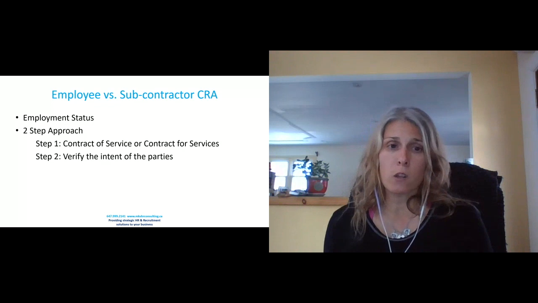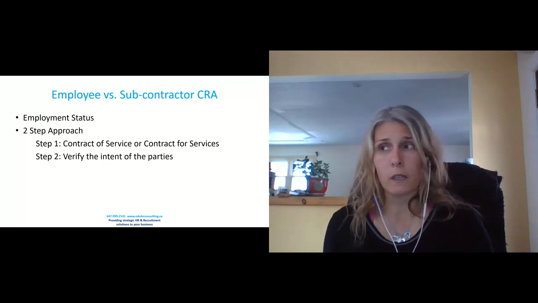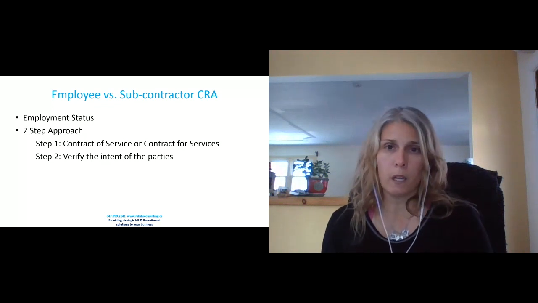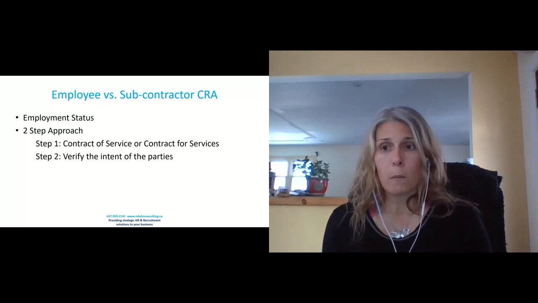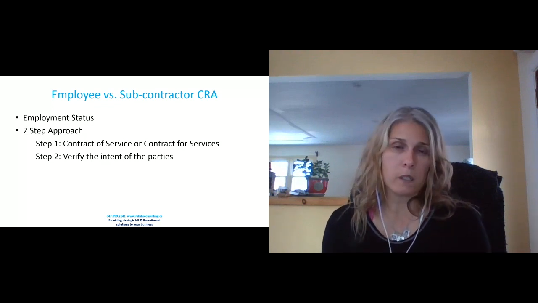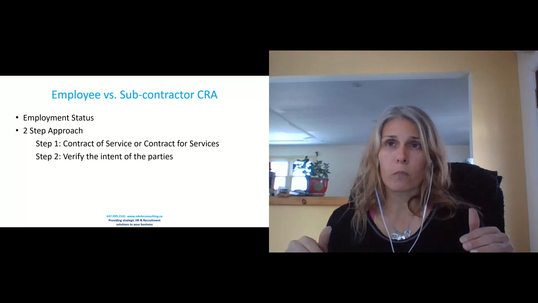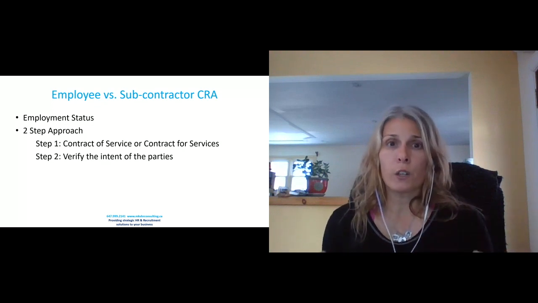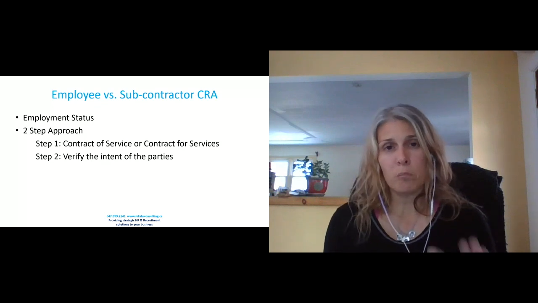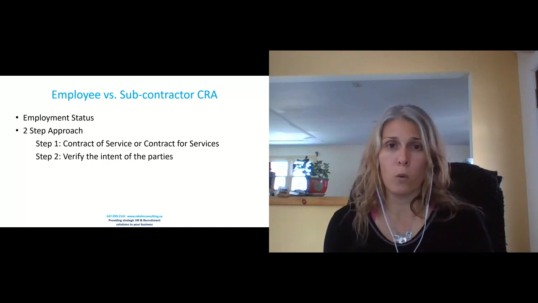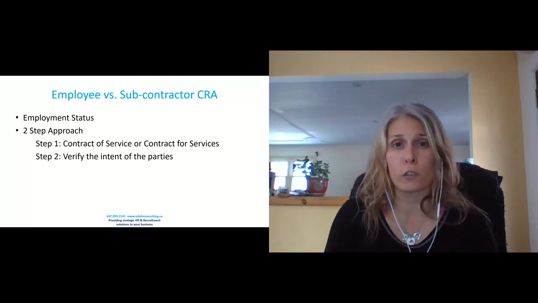And the next thing they look at is the intent of the parties. And so a lot of how the CRA will look at that intent of the parties is really seen based on the agreement that's made between both parties. So if you look at the employment contract and the way that it's drawn up and the clauses and terms and conditions that are in there, it's that contract of service.